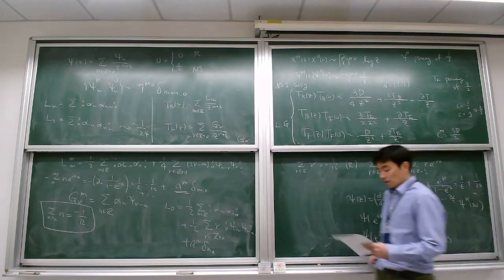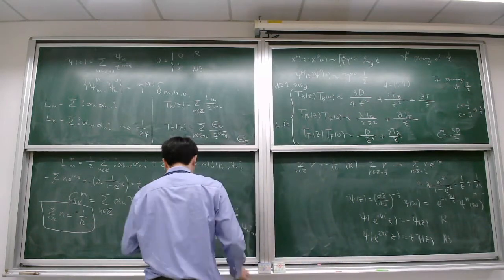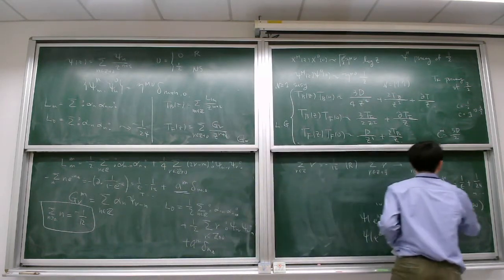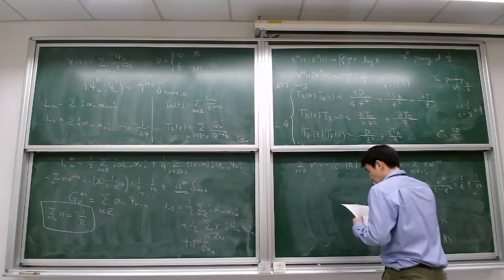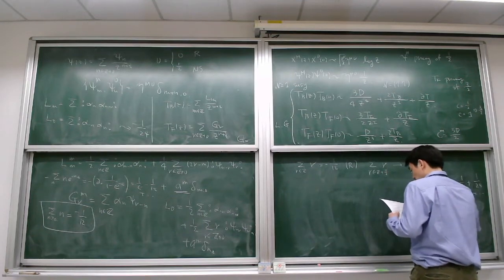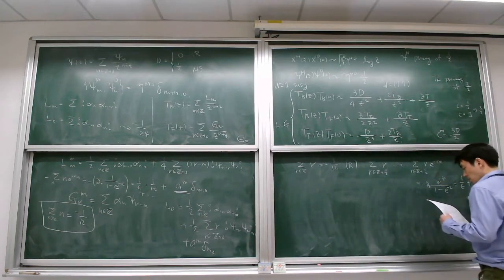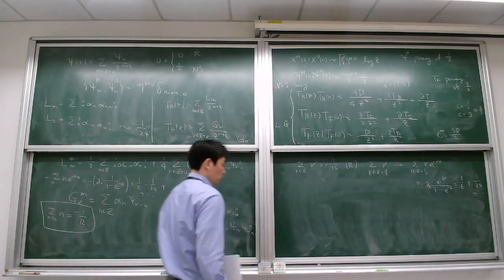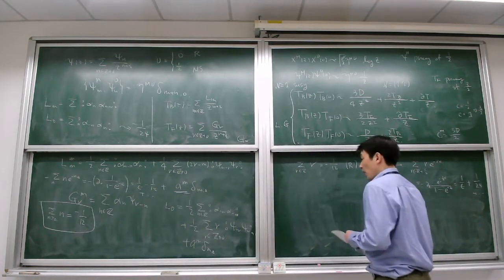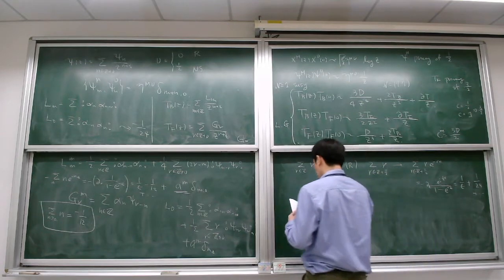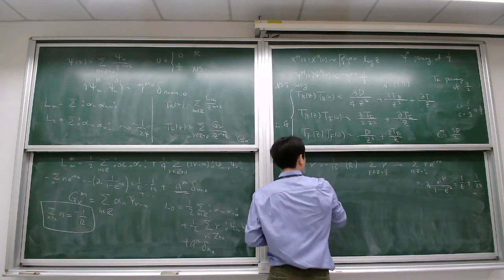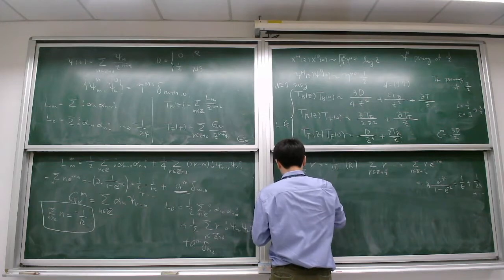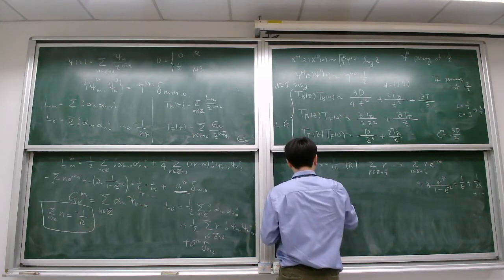Okay, so therefore, at the end of the day, including the shift of the cosmic energy, so AM. The shift of cosmic energy that appears here is C over 24.